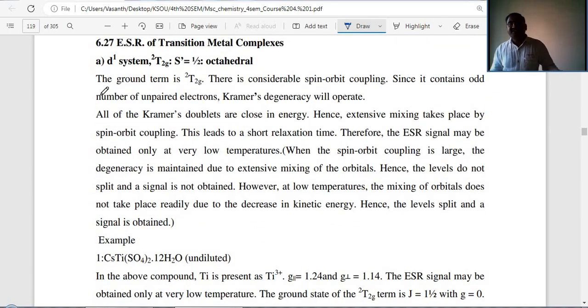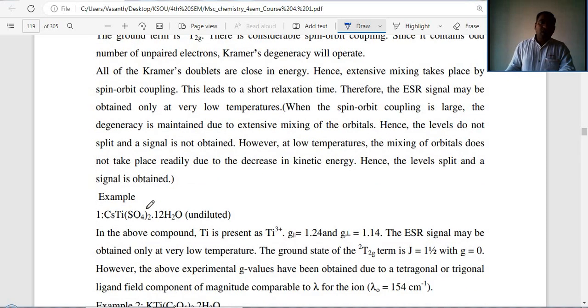This is ESR of transition metal complexes. When a ligand approaches the central metal atom, a complex molecule is formed. Due to the presence of variable oxidation states and unpaired electrons in the d orbitals, the transition metals easily form complexes with ligand molecules.